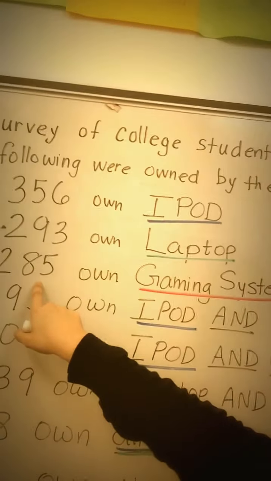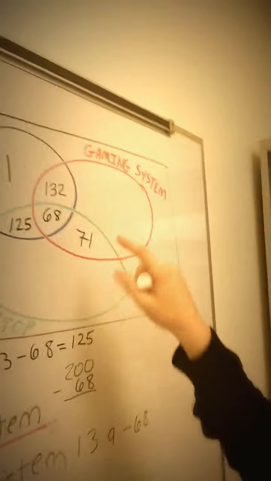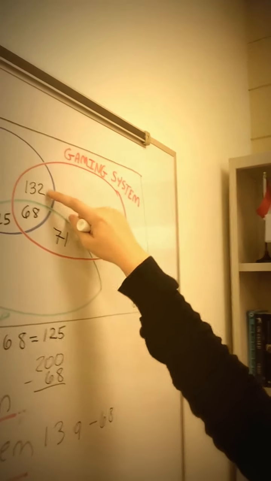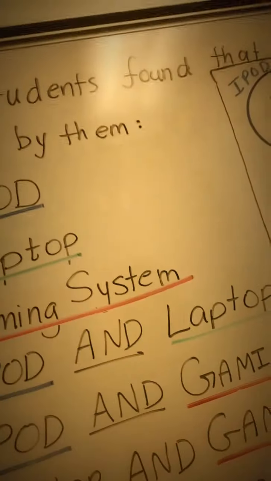Similarly, for gaming systems, 285 people own a gaming system, but we've already accounted for 132, 68, and 71. If you add those together and subtract from 285, you get 14.